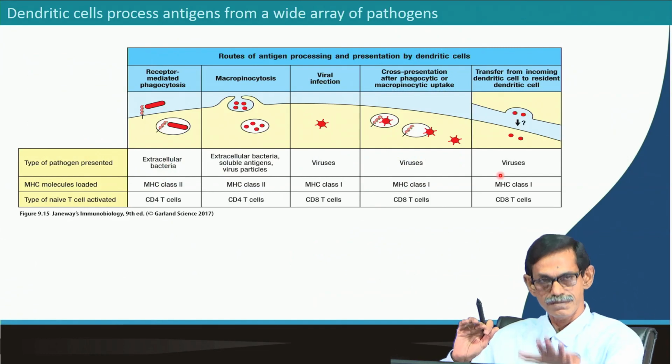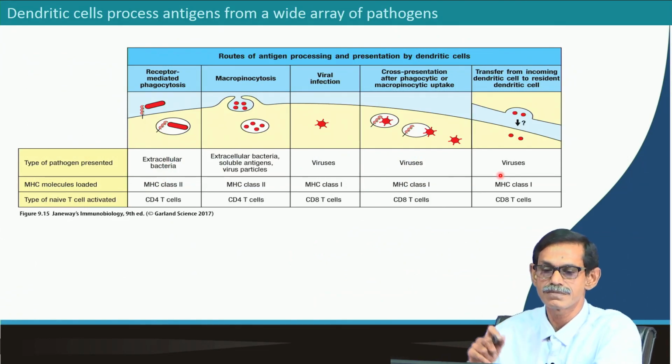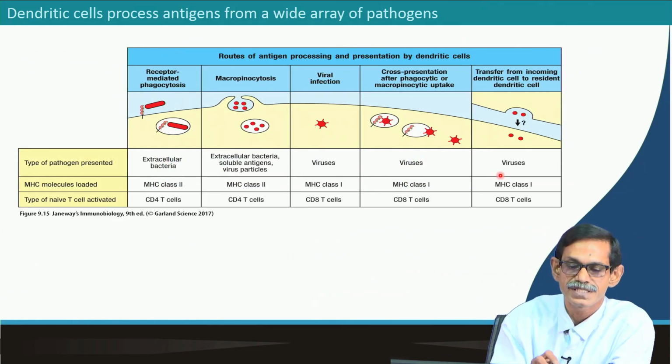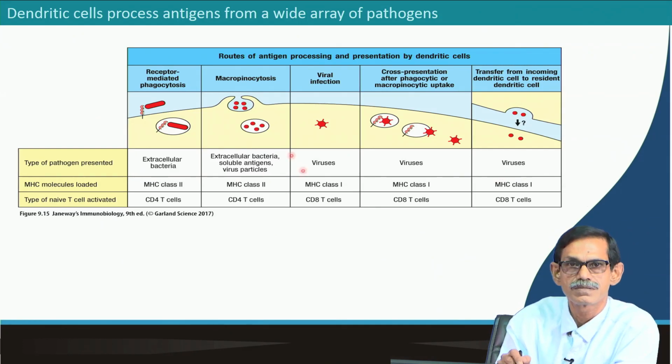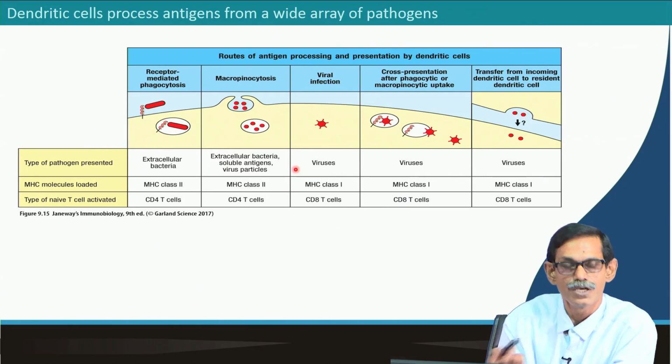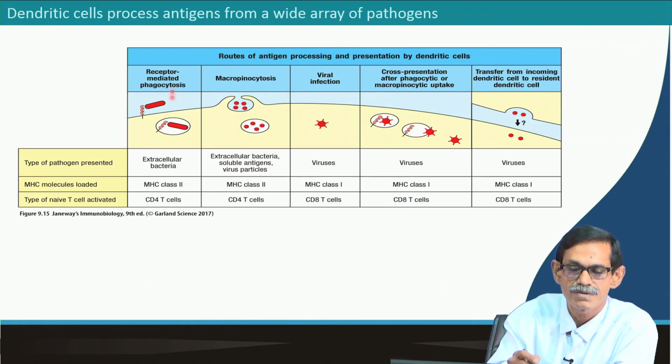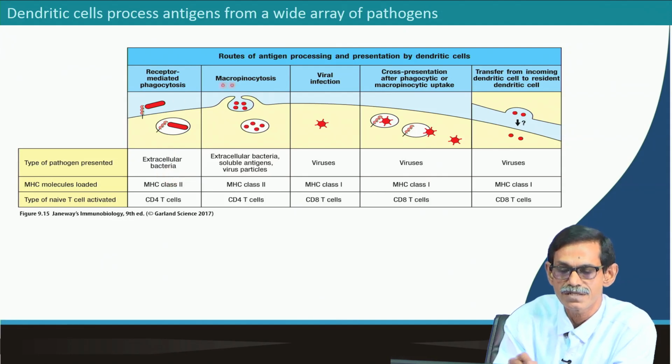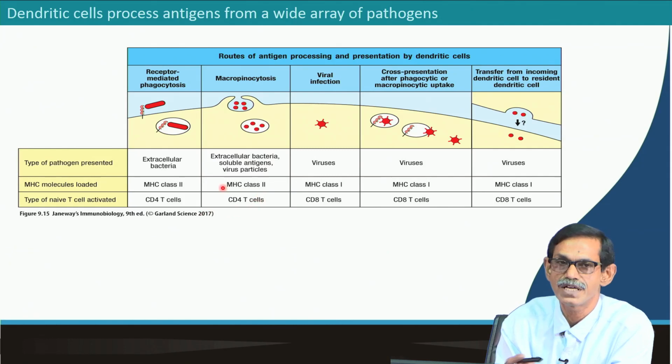And this is the last slide for today. I do not want to repeat and read it for you, but definitely they can phagocytose, and if they phagocytose or macropinocytose something, that is presented by class 2, as you know.